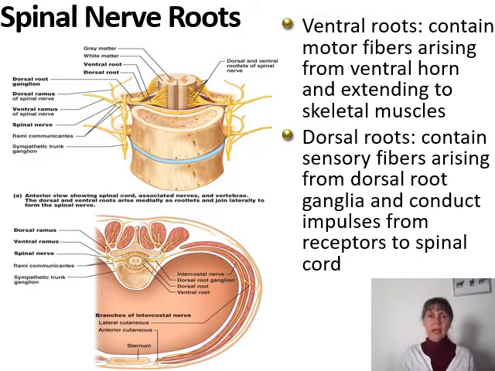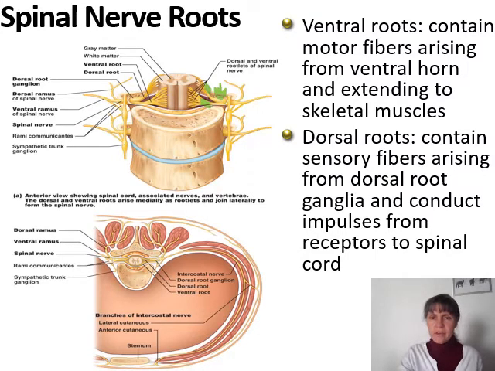When we look at spinal nerves, remember that a spinal nerve forms from the convergence of a ventral root with a dorsal root. Here we have the dorsal root ganglion, posteriorly, and here we have the ventral root.